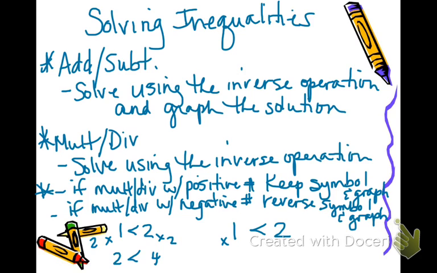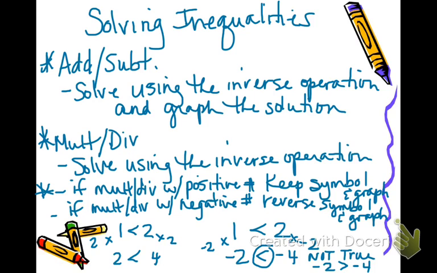If I'm multiplying by a negative 2 on both sides, 1 times negative 2, and note that this is not true. However, we can rewrite it to be true by taking negative 2 is greater than negative 4. If you're not sure about that, think about where it falls on the number line. Negative 2 is to the right of negative 4.